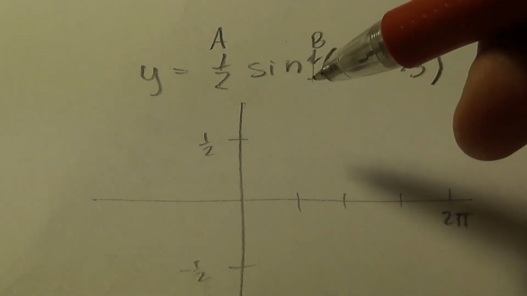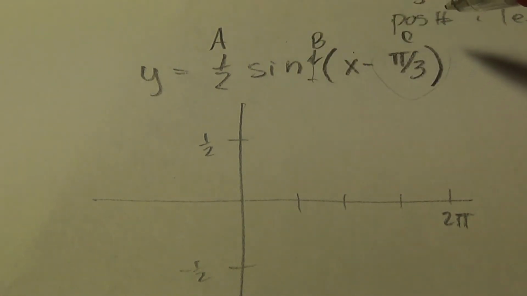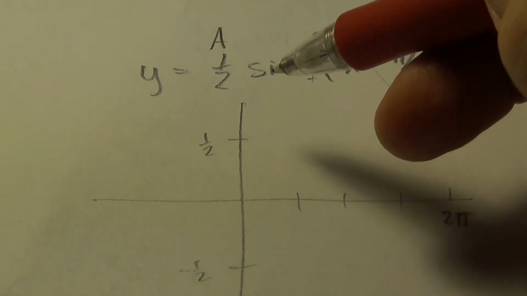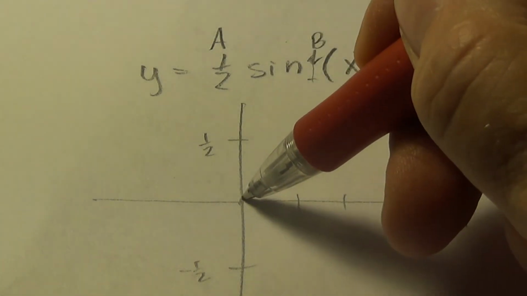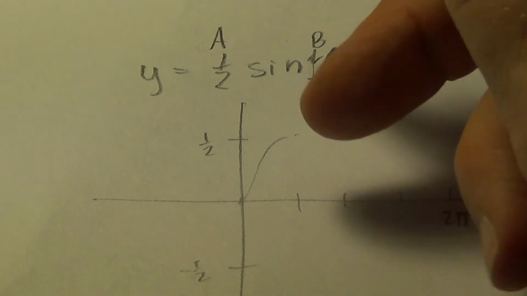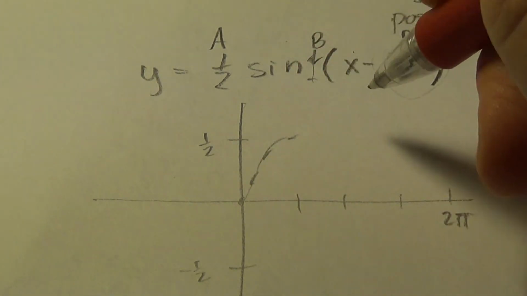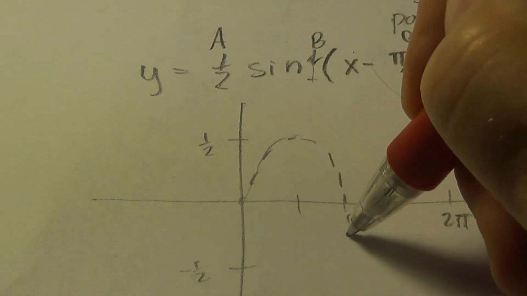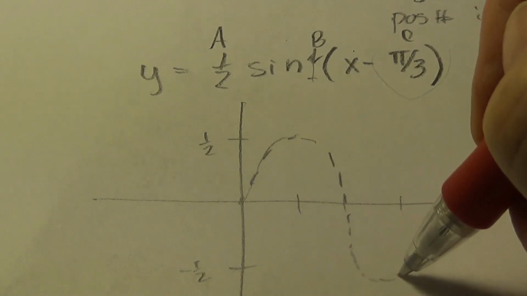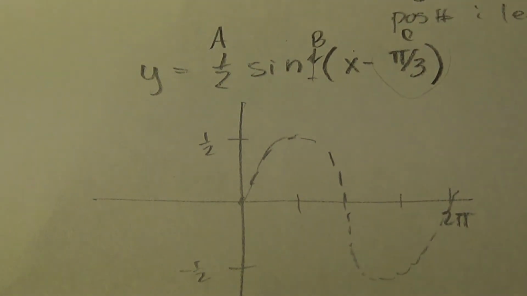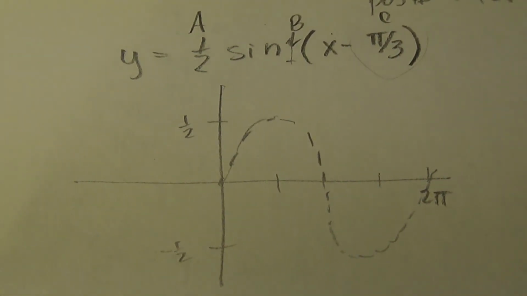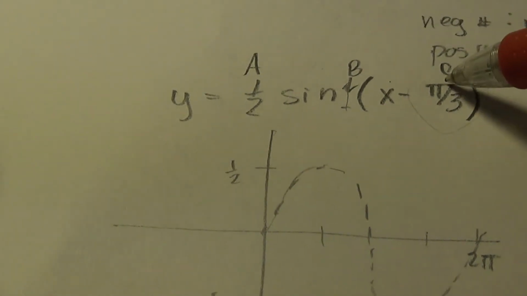So if I was just going to sketch it without the c change, I would start here with the positive sine curve, go up to 1/2. Let me dot this in, it's not the real answer. Go down to negative 1/2 and end up at 2 pi, 1 peak and 1 valley. So what does the pi over 3 do?